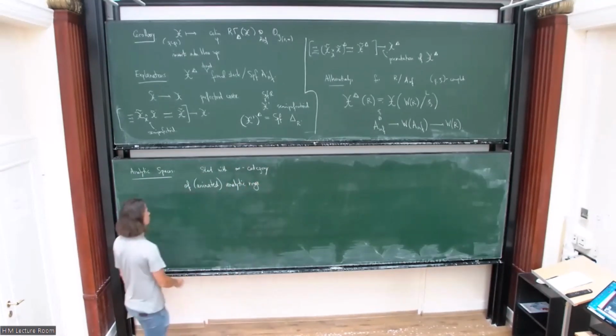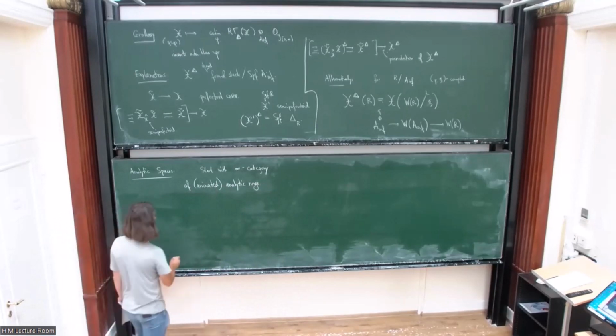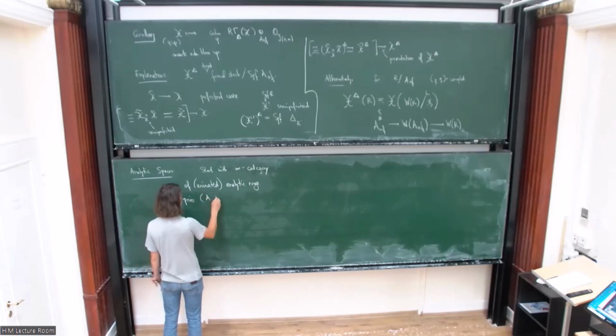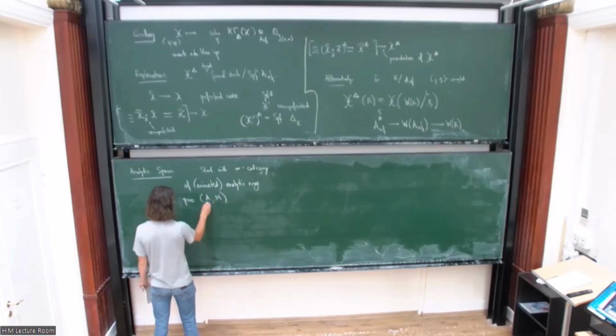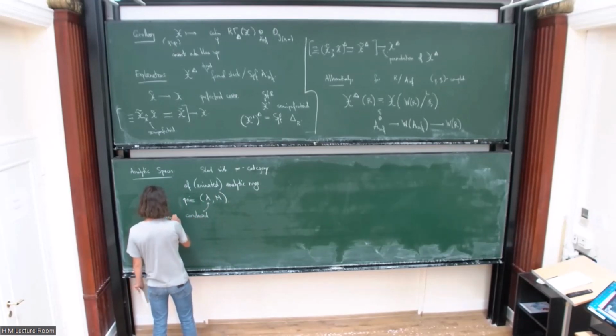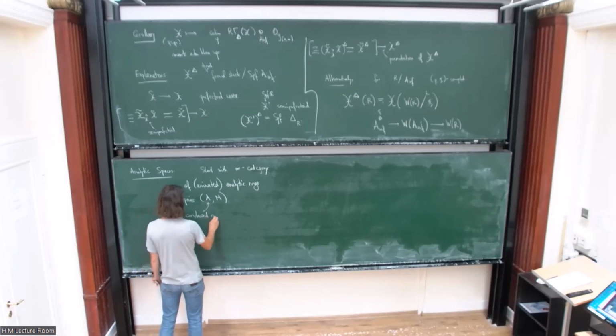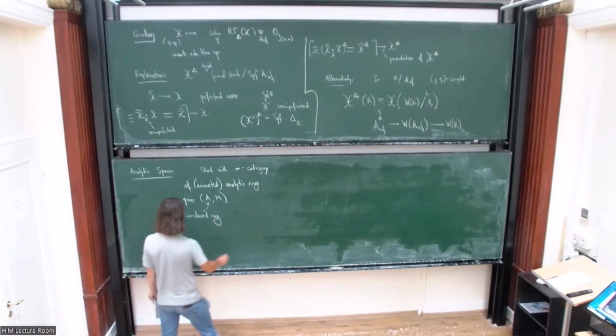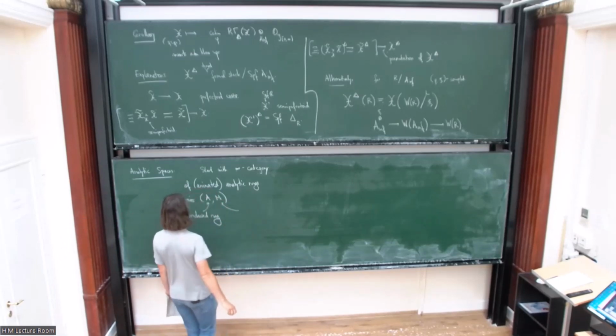These are pairs (A, M) where A is a condensed ring and M is certain extra data.